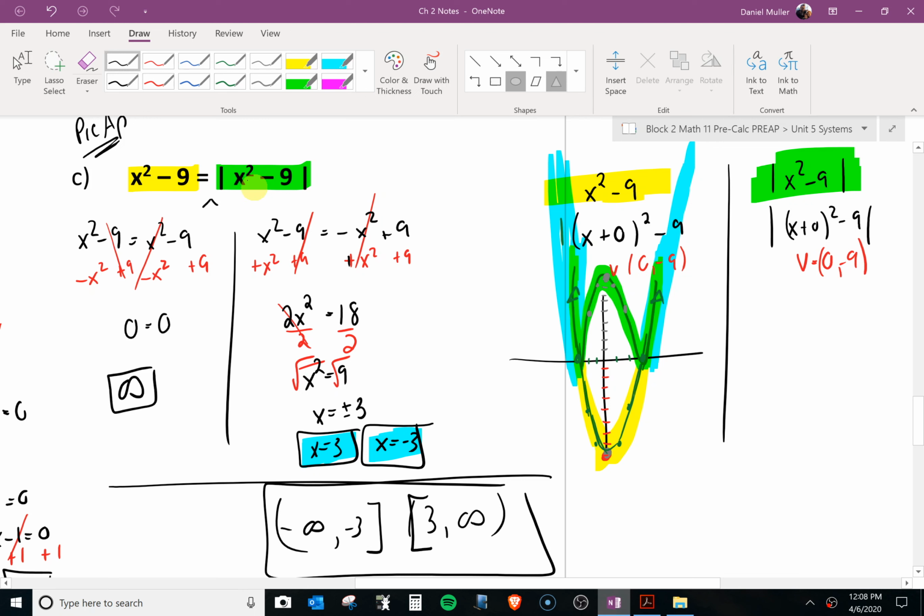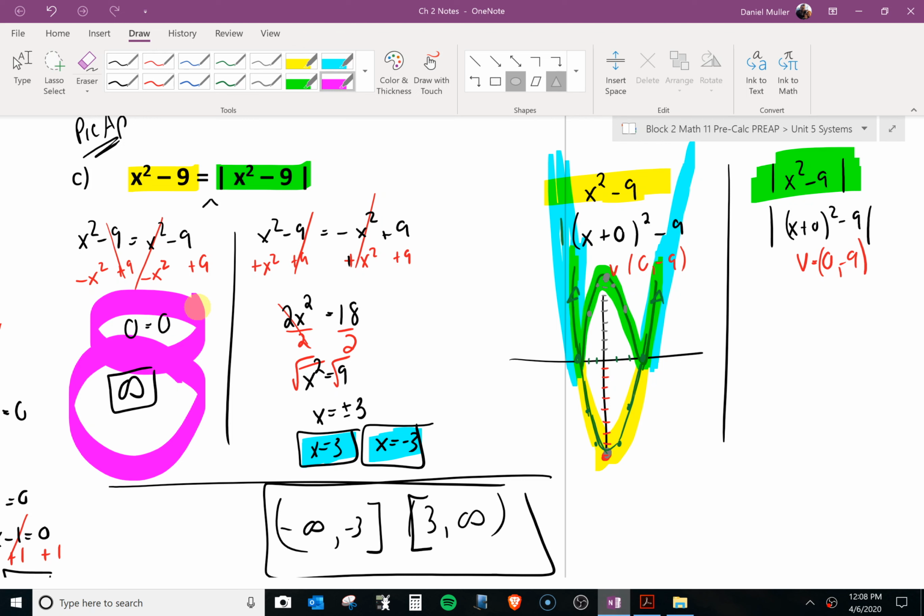Now again, how do you know when to do that? It actually is very easy. It's when you've got this weird statement, 0 equals 0, or 7 equals 7, or 12 equals 12. When you get this true statement where the x's have been completely eliminated, leaving you with something equals something, and it's a true statement, that's when you know the answer is infinity.